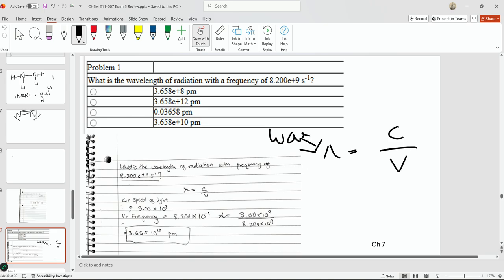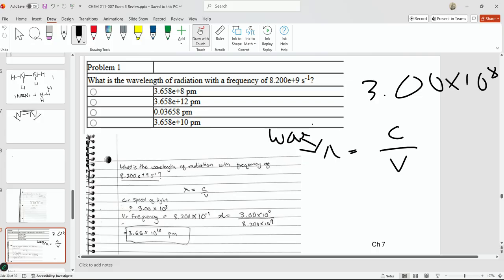The speed of light is a constant, 3.0 times 10 to the 8th, and the frequency is given here. So the only thing you have to do is conversion. So we have 3.00 times 10 to the 8th, and we have the frequency of 8.2 times 10 to the 9.